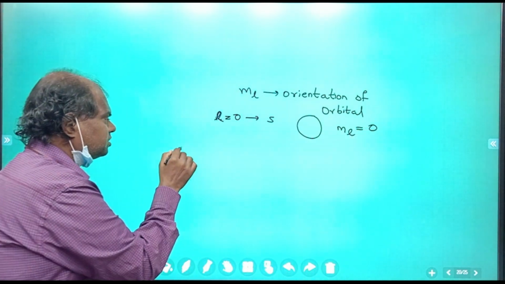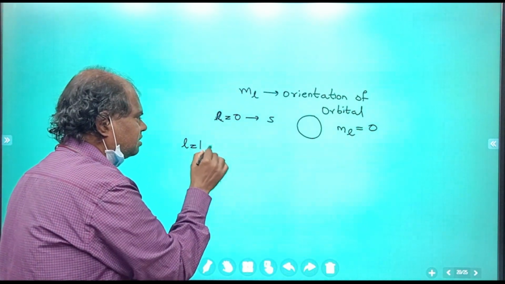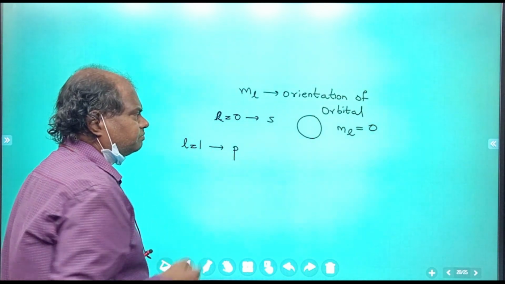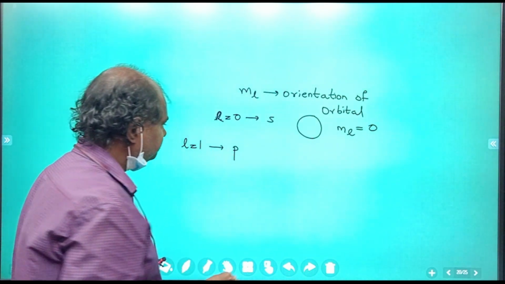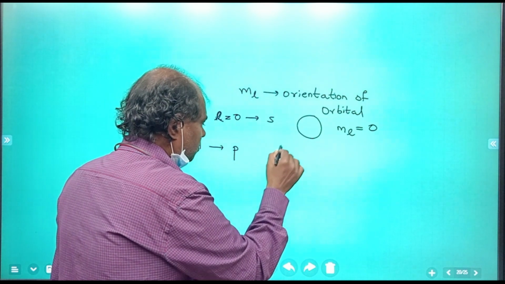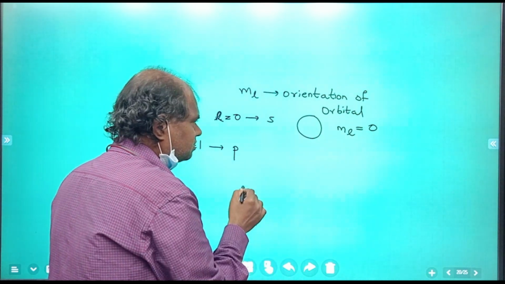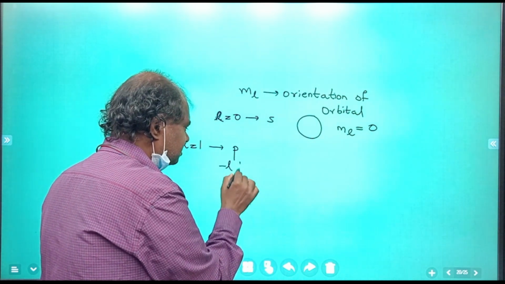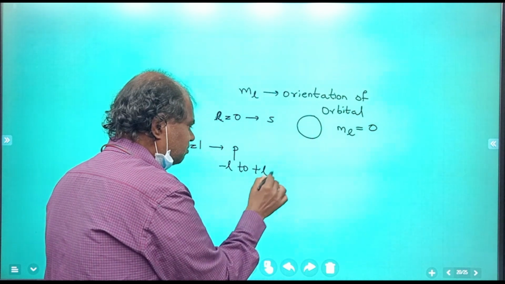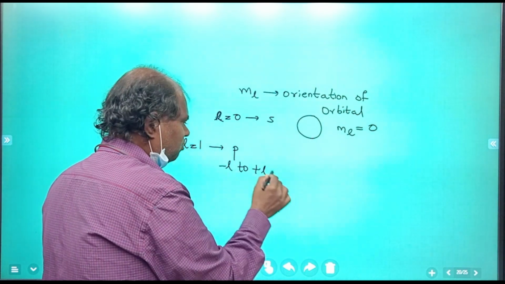Clear? Suppose I've got l is equal to 1, student, right? Then you will have a p orbital. Now a p orbital can have 3 orientations. Just now I told you minus l to plus l. See, ml can take the values from minus l to plus l. So what is l? 1.